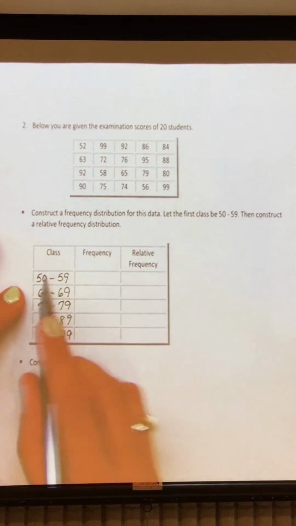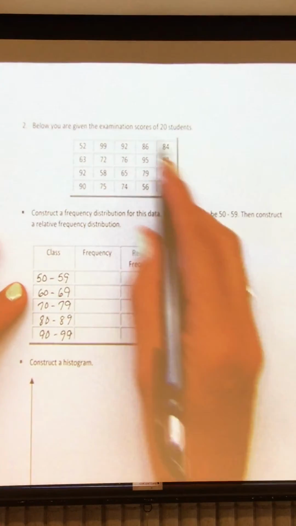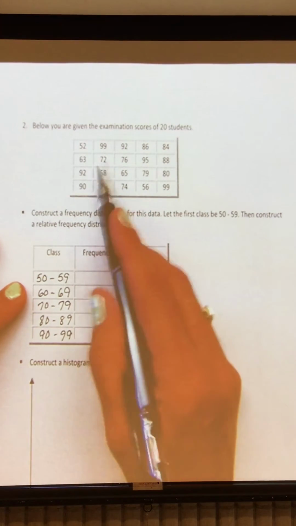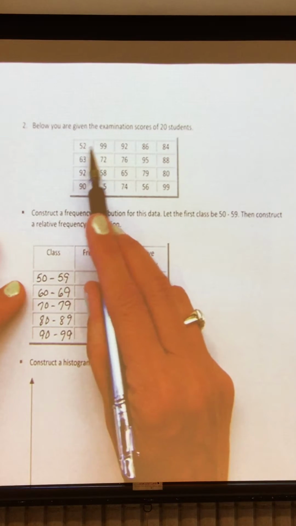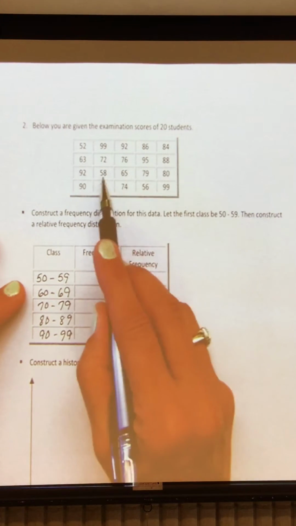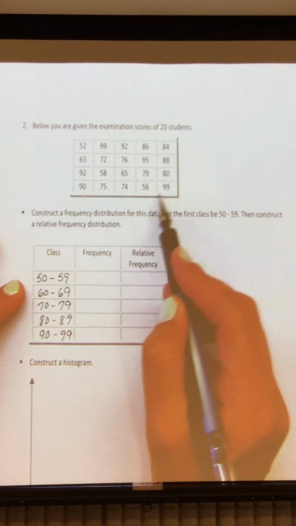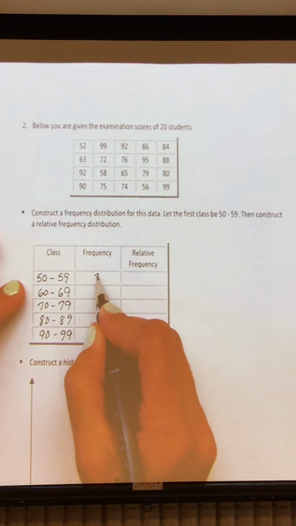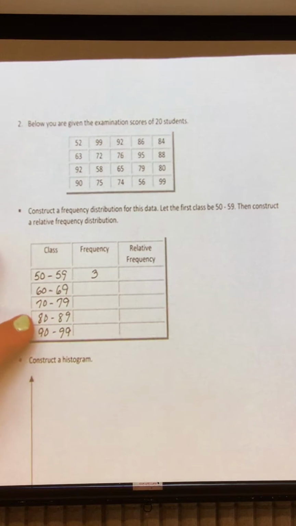So looking at the frequency, again looking at the table, how many numbers do you have between 50 and 59? You have 1, 2, and 3. So you have 3 scores between 50 and 59.